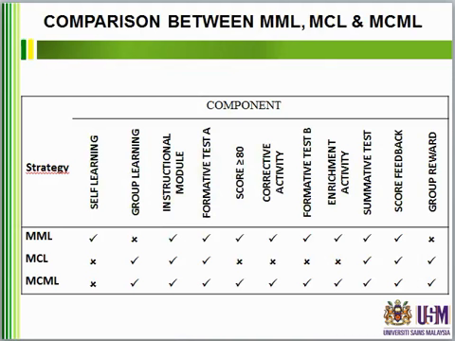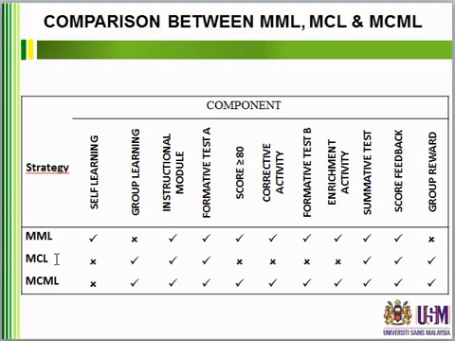So we can see the various components between the MML, MCL and MCML. We can look at the comparison, whereby the multimedia assisted mastery learning lacks group learning as well as group reward.